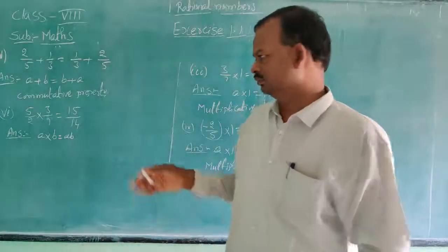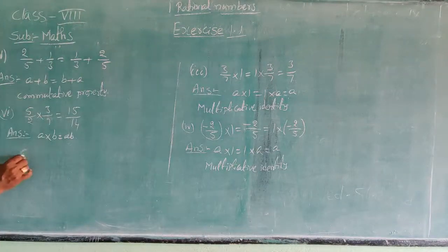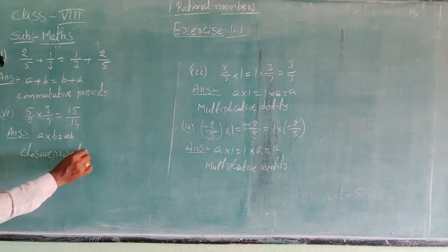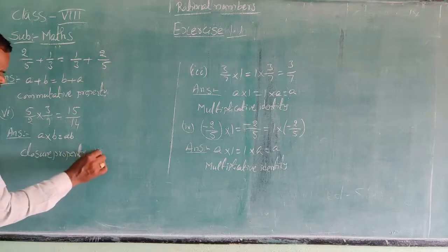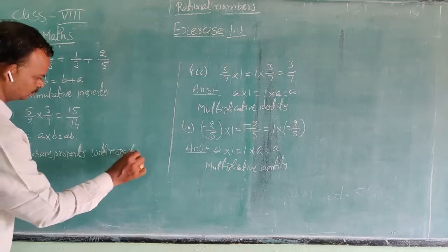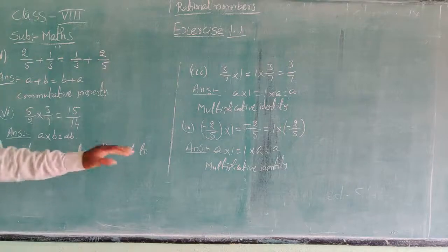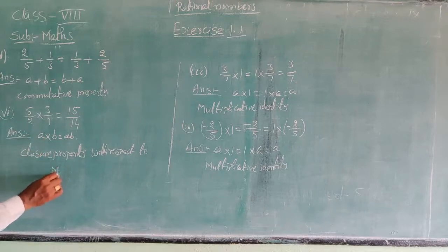This is the closure property, with respect to multiplication; the symbol is multiplication.